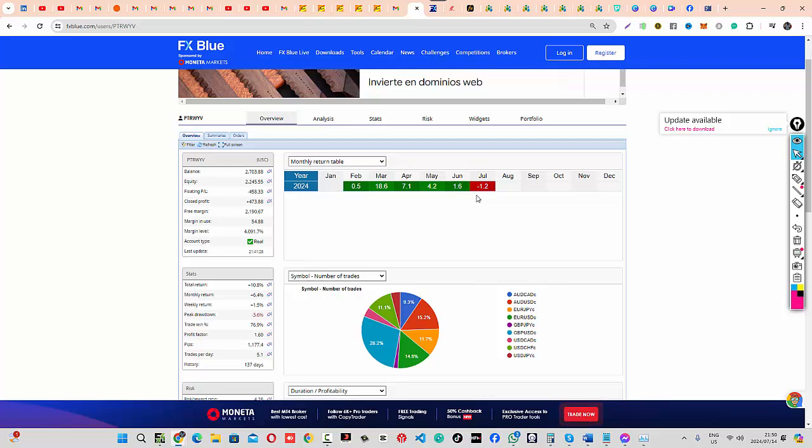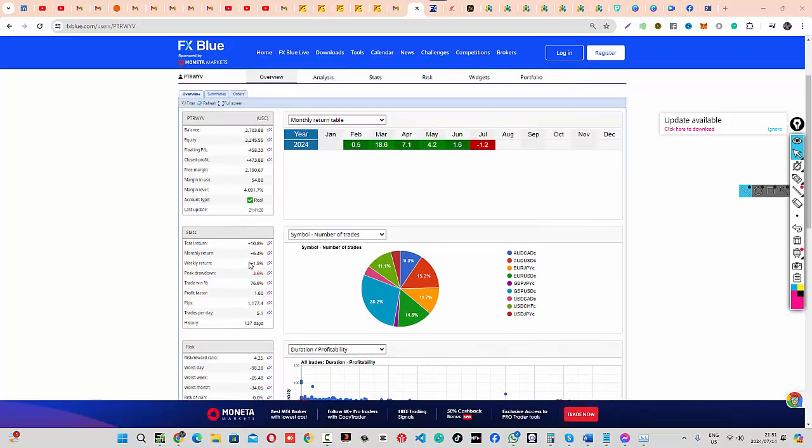So in that video, in July, we were sitting on minus 2.4 or so. But now we are sitting on minus 1.2 because all the trades the robot has been making after we did the rollover are covering up the losses that we made by rolling over.